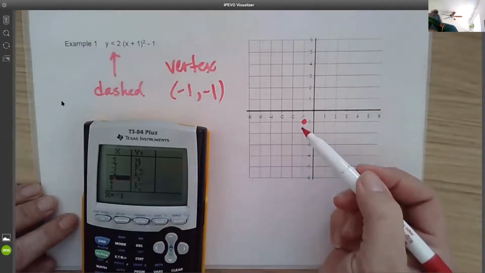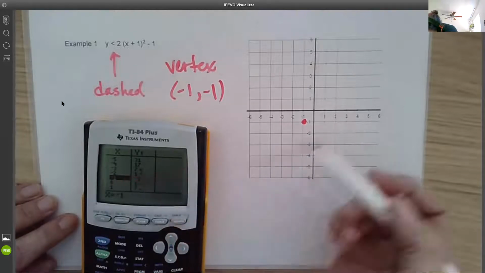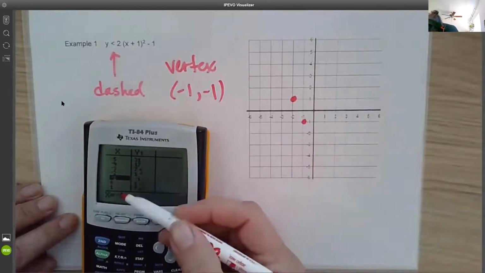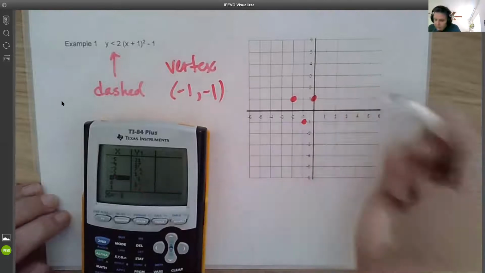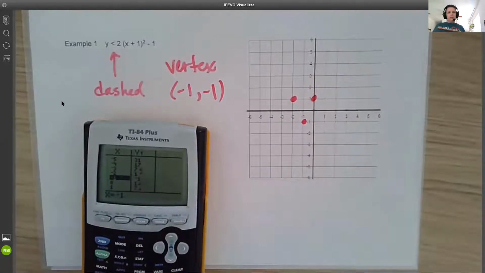So I'm graphing (-1, -1), (-2, 1), (0, 1). You need to have at least 3 points to graph an accurate curve. There are more points. I'm going to use 5 on this one because it'll fit-ish.